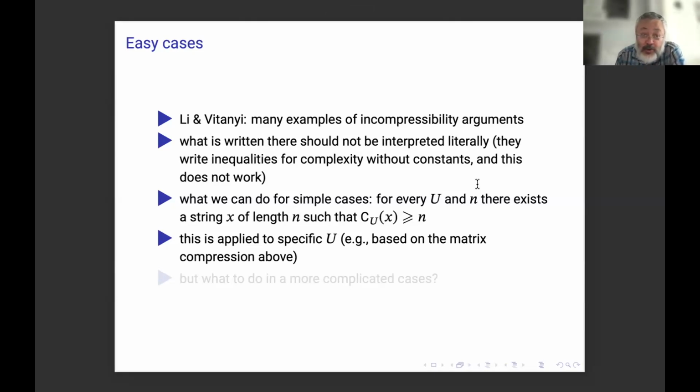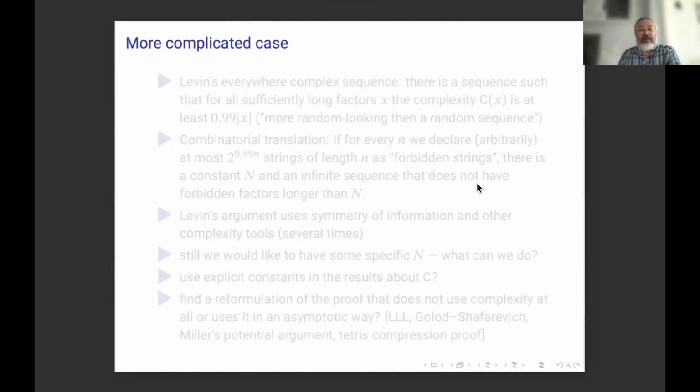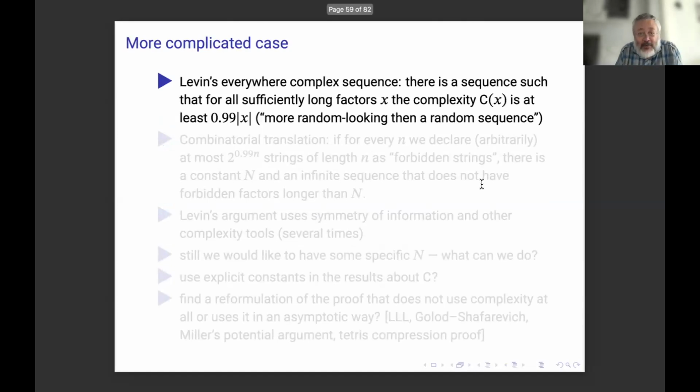But still, not all applications of Kolmogorov complexity in combinatorics are that simple. Let me mention briefly a more complicated case, and an even more complicated case. The more complicated case is what is called Levin's everywhere complex sequence.